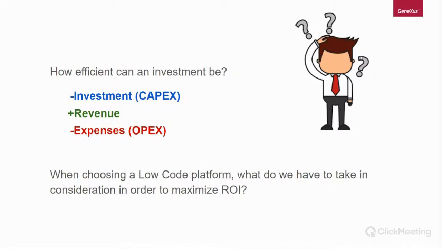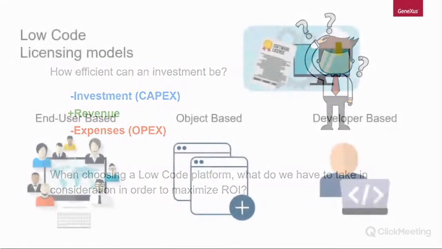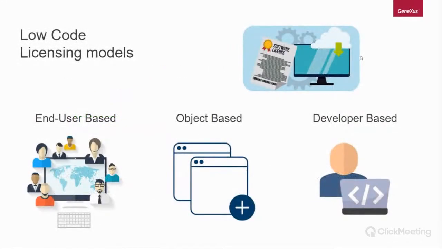So in order to take care of the initial investment and the expenses that may occur, here at Genexus we want to share with you what we have seen in the market, in order to help you understand the different offers for low-code platforms. For you to be able to understand clearly the investment that you need to make and how you'll incur additional expenses through time.